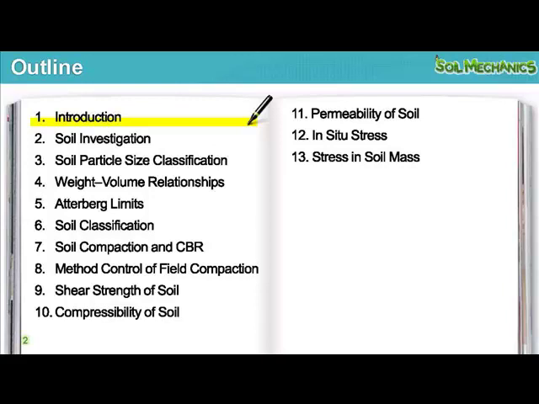For chapter 12, we will learn about in situ stress. The word in situ refers to the site or field, or in natural ground at the site. In situ stress is also an important chapter that we have to know, like total stress, for example, underground.